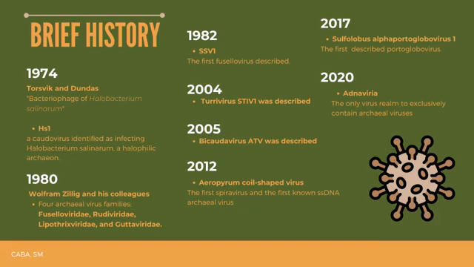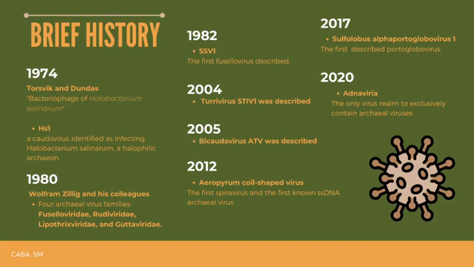In the 1980s, Wolfram Zillig and his colleagues began isolating viruses from thermophilic archaea of the orders Thermoproteales and Sulfolobales. In total, he and his colleagues would discover and characterize four archaeal virus families, namely Fuselloviridae, Rudiviridae, Lipothrixviridae, and Guttaviridae. Going to 1982, the SSV1 is the first fusellovirus described.